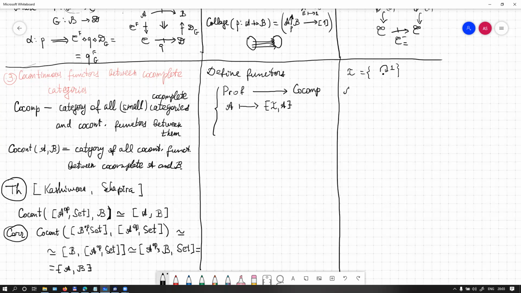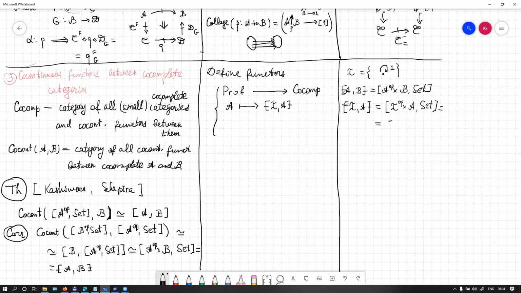And profunctor category from A to B is functor category A op cross B to set. So when we put profunctors from I to A, it is the same as I op cross A to set.